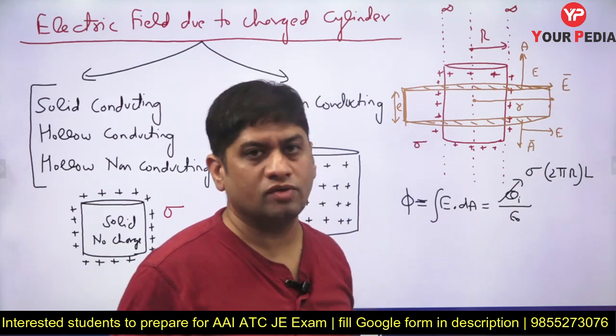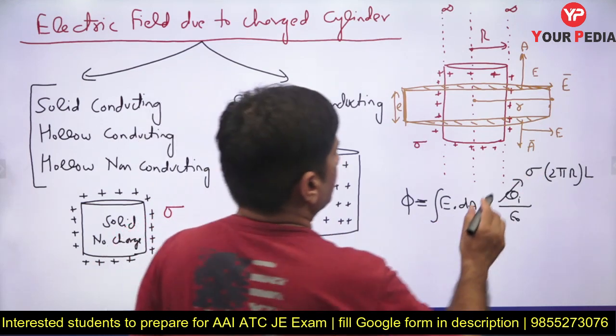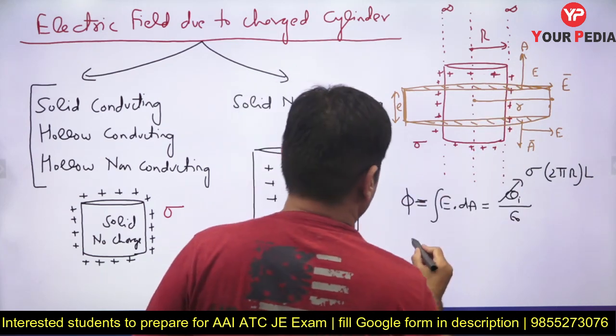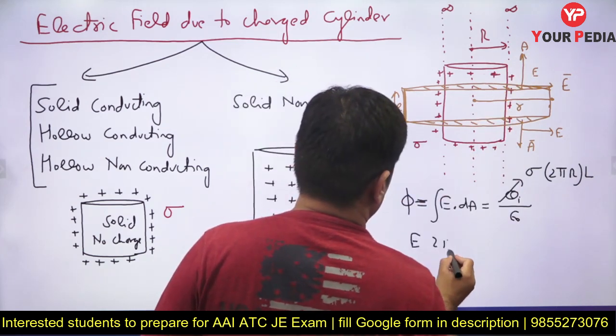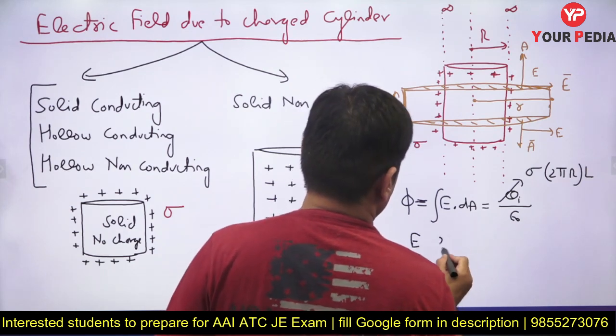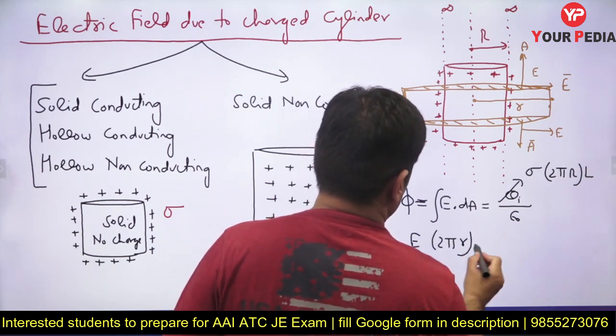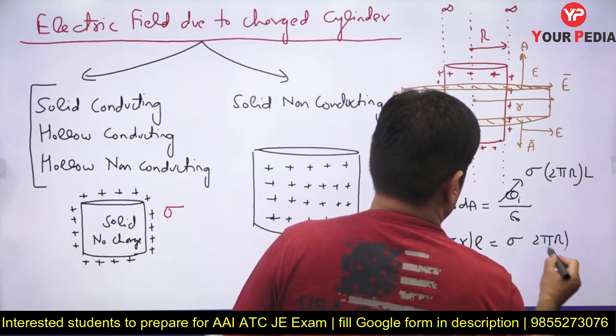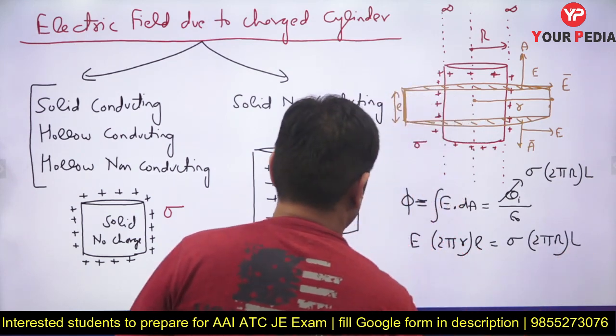So we have this particular value. And now, on this surface area, what is left is E into 2 pi r into L, equal to sigma into 2 pi R into L. Certain things get cancelled out.